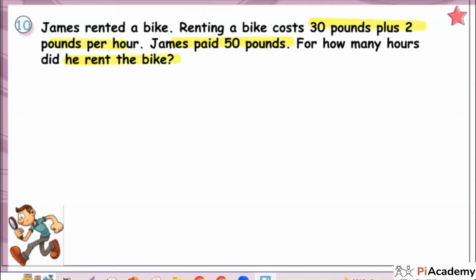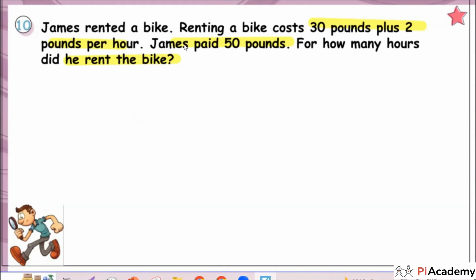What is your answer for this question? I got 10 hours. Okay, let me choose one more person. Arjun, can you please tell me what is your answer? I got 10 hours. Okay, you are also getting 10 hours.